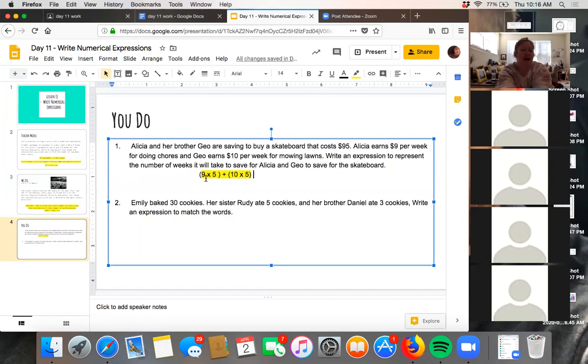No. So if I asked you to just solve this problem, would this be the way you tried to solve it? Mm-mm. Right. So it does get you the correct answer. That is right. But that's not potentially the expression I would use because the 5 did not come out of the word problem. You're trying to set an expression up that matches the word problem. But it does get you the correct answer. So kudos for almost getting it. Did anybody get anything different?